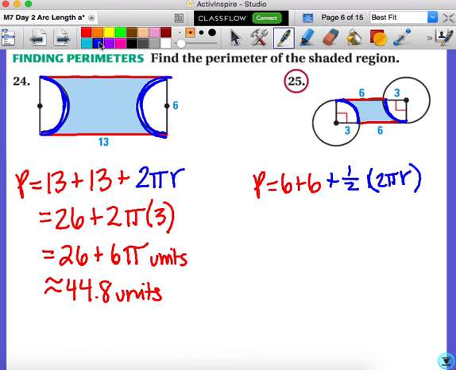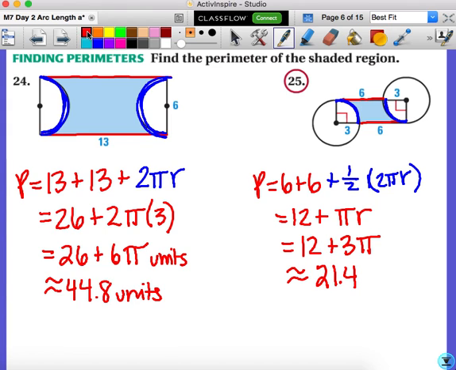So if I look at what I've got next, I've got 12 plus, and if I multiply here, half of 2 is 1, so I really just have pi r. And so 12 plus, my radius is 3, so I'm going to write that coefficient first. So if I'm leaving my answer in terms of pi, 12 plus 3 pi. And if I'm rounding it, again, make sure that you use the pi button. 12.14 units is my approximate perimeter.